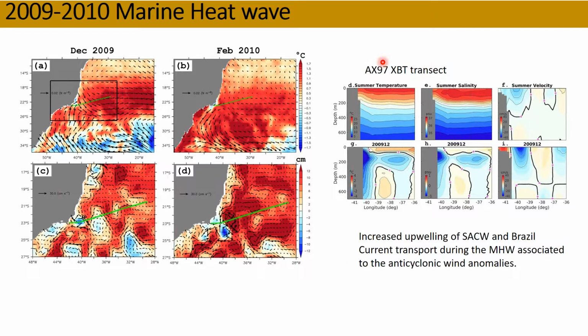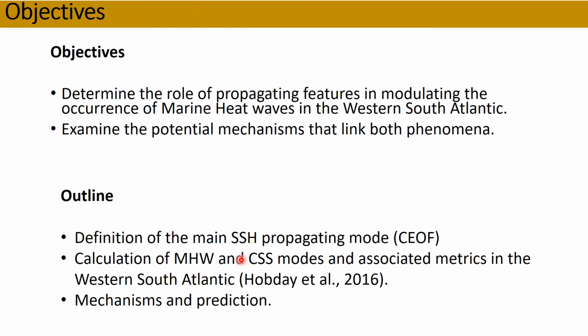Using the XBT data, the AX97 line in that region, we saw that although it was warm everywhere else, we have cooling and freshening anomalies from the upwelling of central waters off the Brazil coast, and also an increase of the Brazil Current as well.